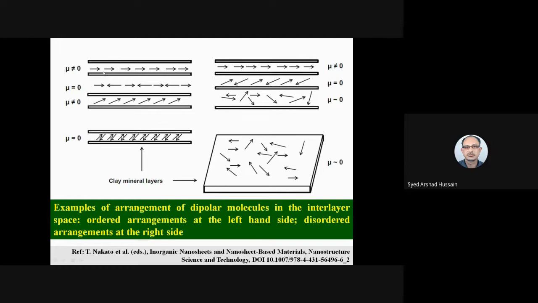This is a polar, dipolar molecule, but by organizing the molecule and controlling the clay structure, you can play with the dipole moments. You see here the moment is not equal to 0, but here it is 0. Here again not equal to 0, but here this is 0. Here again not equal to 0. This is just an idea that one can play with the organization within the clay system.